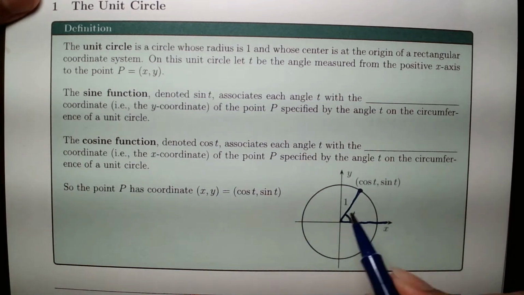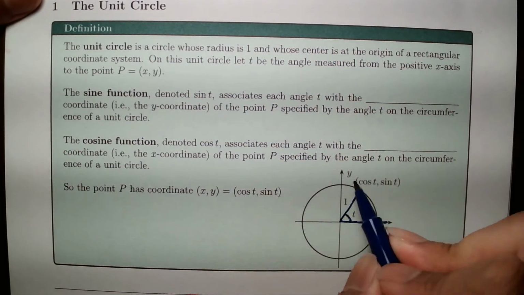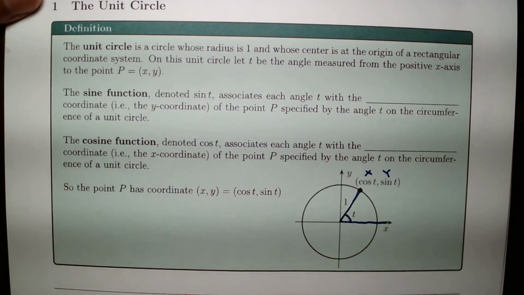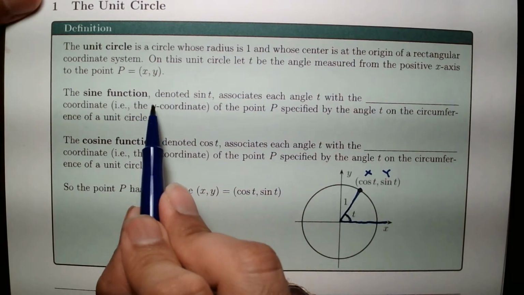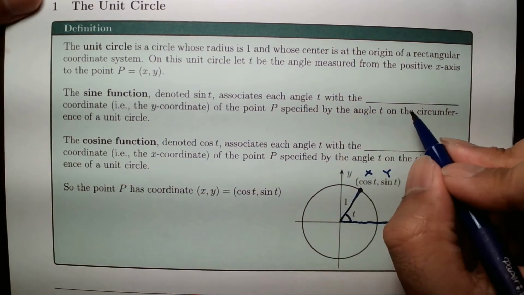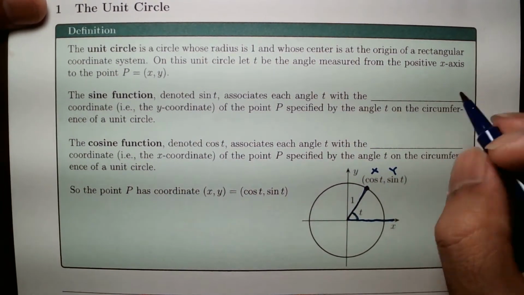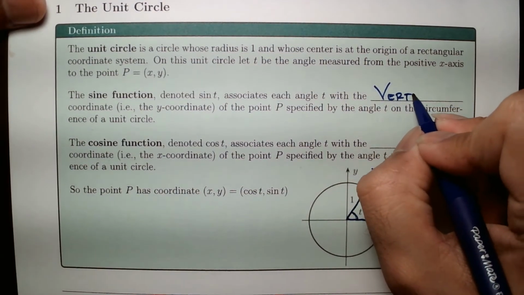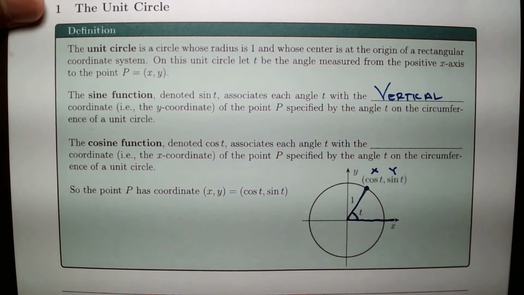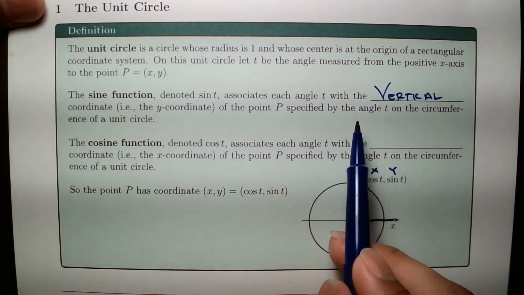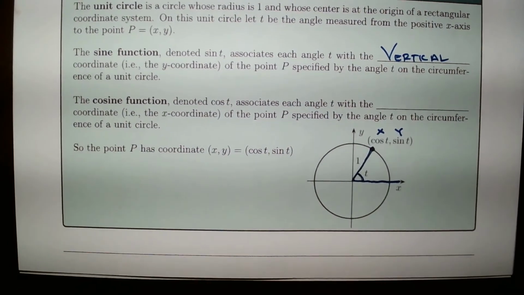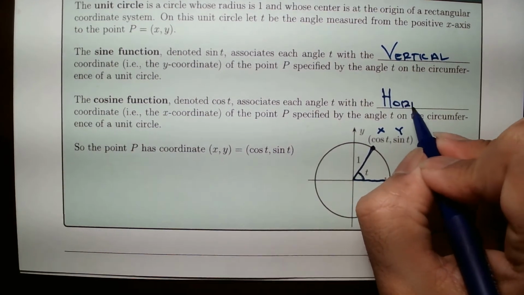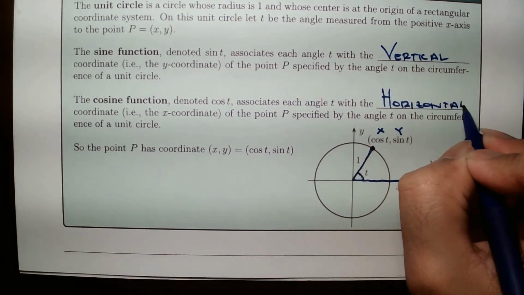In this case, this point that goes around the circle has two components, an x component and a y component. The sine function, denoted sin t, is going to associate the angle t with the vertical component, or the vertical coordinate, that is the y coordinate of the point, as opposed to the cosine function, denoted cos t, which associates the horizontal coordinate of this circle.